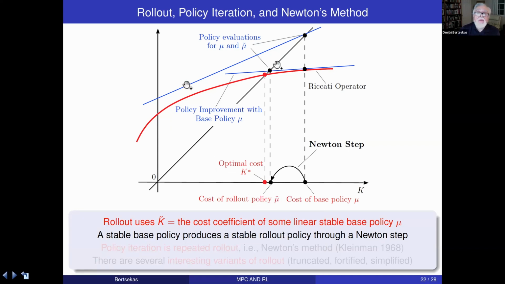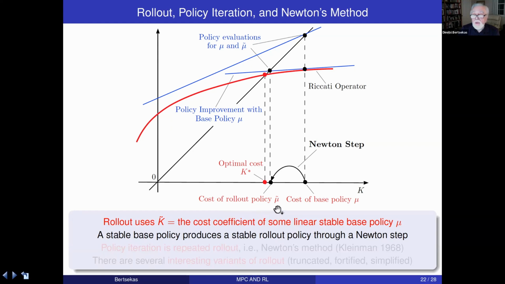So let me describe here what's happening in terms of the graph. Suppose that you have a stable policy that has a line with slope less than 1. Its cost function is right here. And this is the starting point for the Newton step to obtain another policy. So we linearize here and we go down.